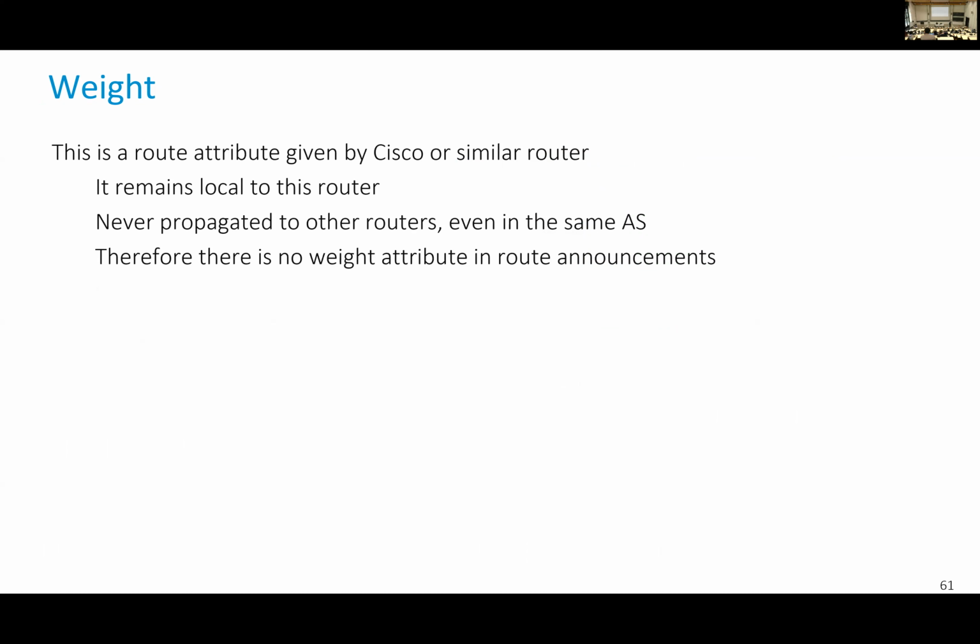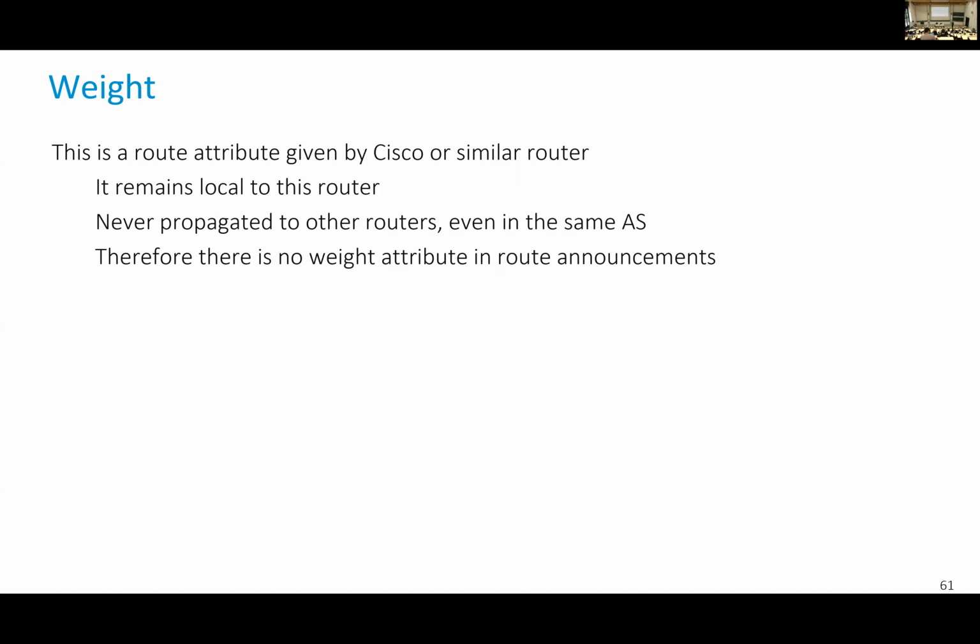So the local pref is a value that is assigned to a route when you receive it from the outside, propagated inside the domain, and that allows to orient the rules. There is a more radical way called weight, which is an attribute which remains local to this router. Local pref is local to an AS. Weight is local to a router.